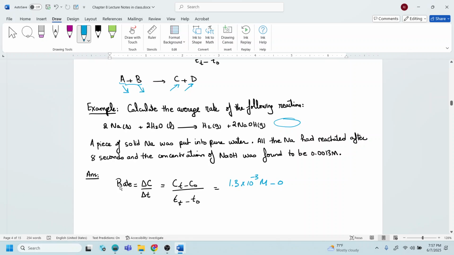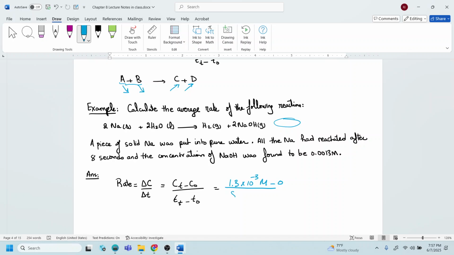So when we say the rate of the reaction, it's how fast the reaction is in order to get to the product. So you're going to look at the concentration of the product versus the 8 seconds it took to reach the product, which is the sodium hydroxide. So it took 8 seconds for all the sodium to react to make sodium hydroxide.